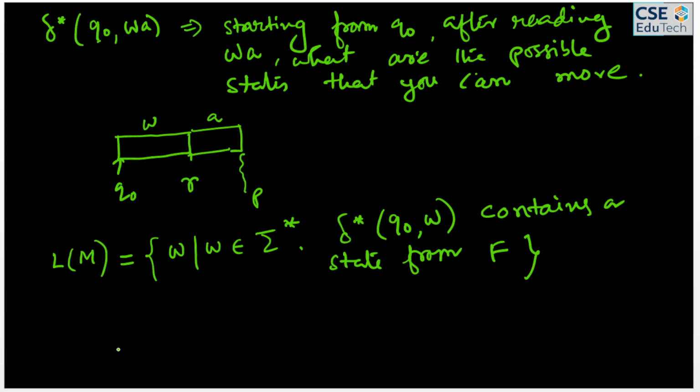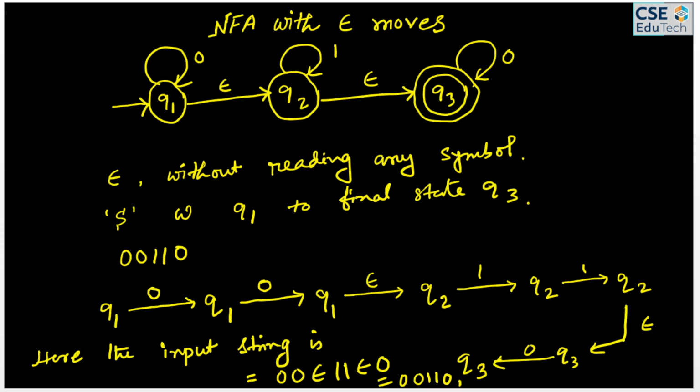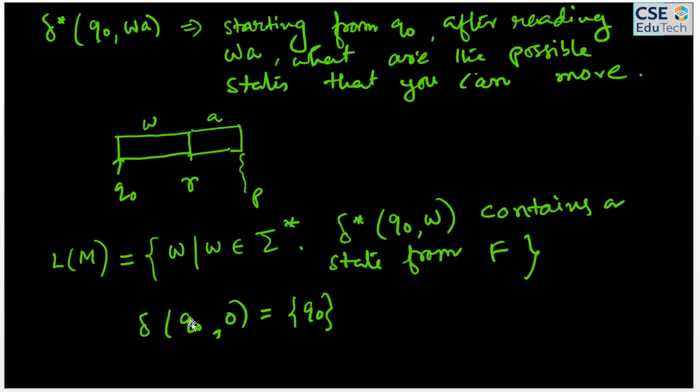So from this example, what is delta? Delta Q naught of 0 is basically it will give you Q naught. Sorry, no, we'll take another example. It will be better. Suppose we have a transition diagram like this.